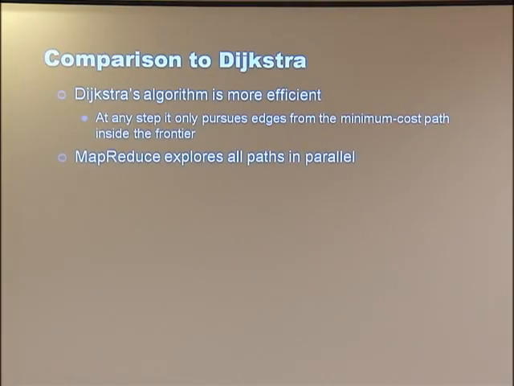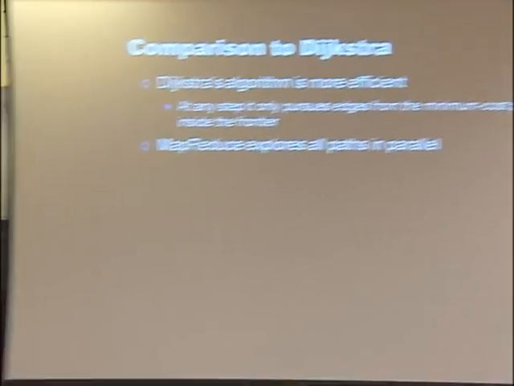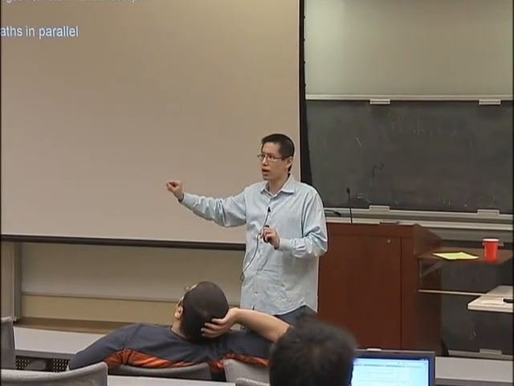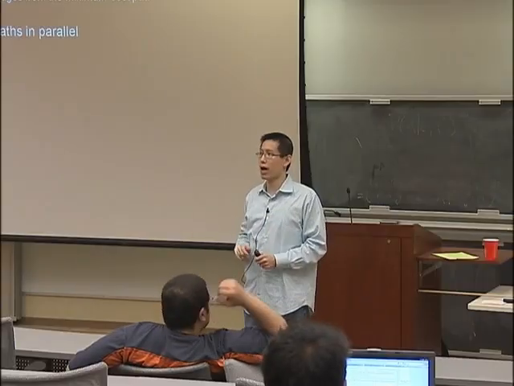Okay, so if you think back to Dijkstra's algorithm, how does this compare? Well, Dijkstra's algorithm is a lot more optimal in the total amount of computation that you have to do, because it only expands the frontier with the lowest cost. It's only expanding the node that has the shortest cost, and so at each point, it's not visiting nodes that are going to end up being longer paths.